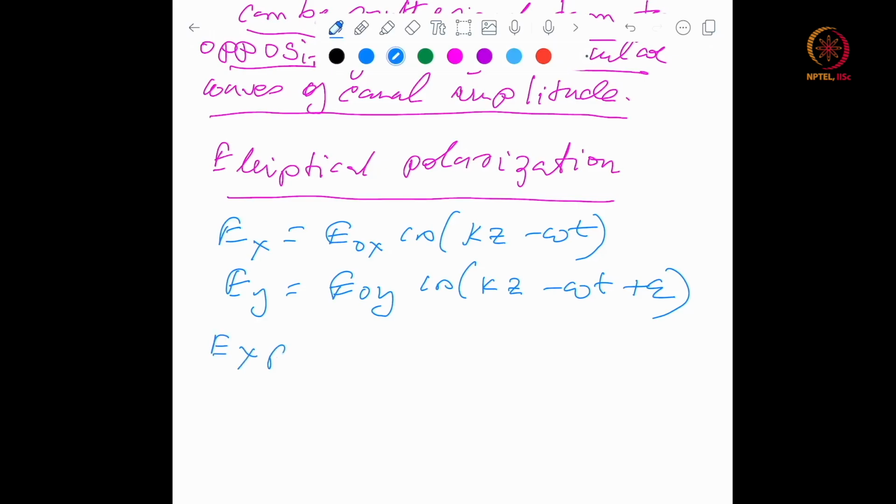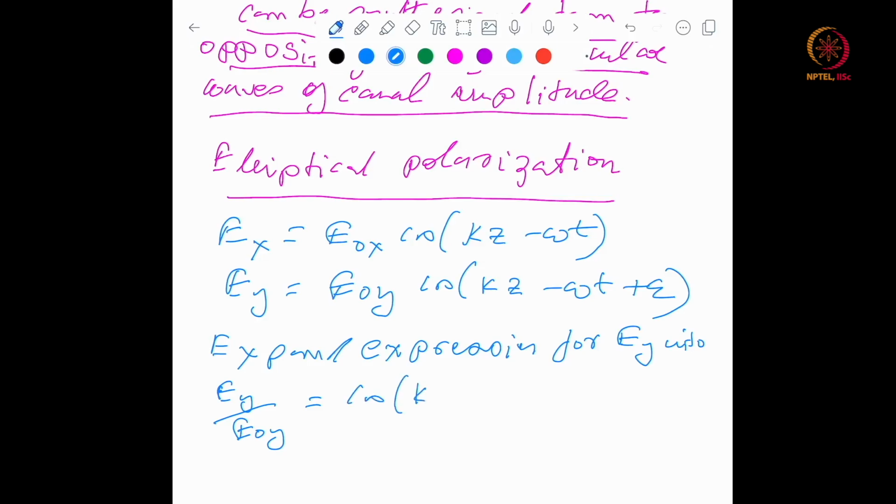If you expand it, Ey divided by E0y is equal to cos(kz − ωt) cos ε minus sin(kz − ωt) multiplied by sin ε.